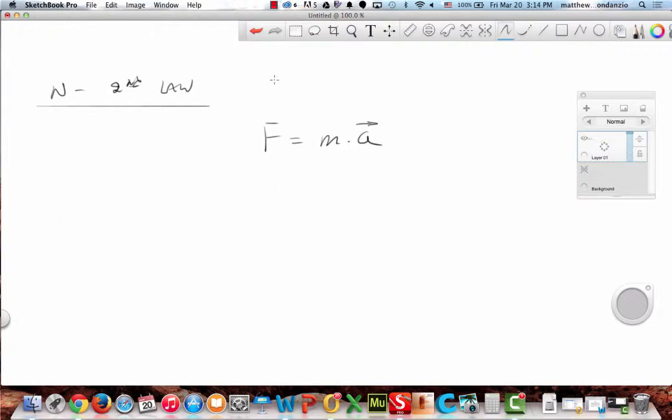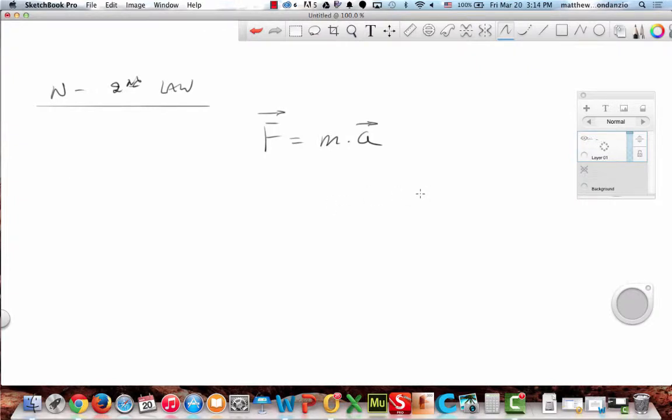Now, does matter have direction? No. So is mass a vector? No, it's not. But my acceleration is, isn't it? I can either be accelerating up or down or left or right, right? So if I have a scalar times a vector, what must my force be? A vector.